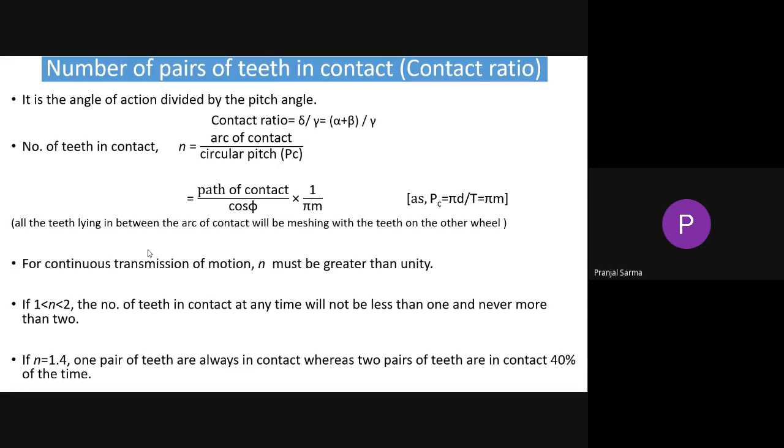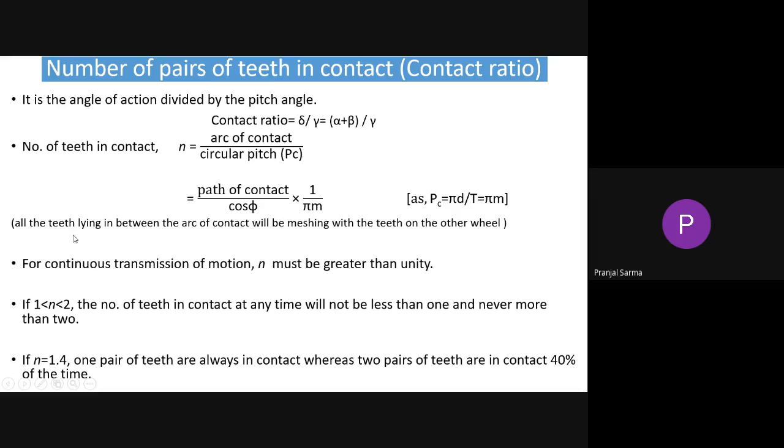So how can we find out the number of teeth in contact by this formula? Path of contact divided by cos phi, which gives you the arc of contact, multiplied by 1 by pi m. Or you can say divided by the circular pitch, which is nothing but pi m, so divided by circular pitch means multiplied by 1 by pi m.